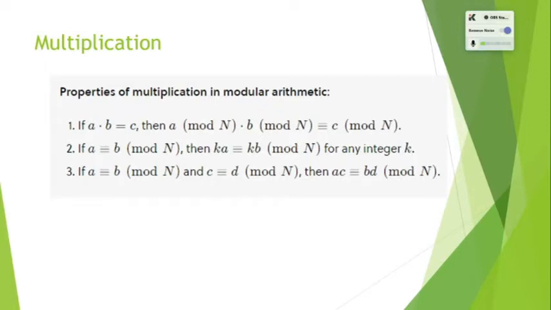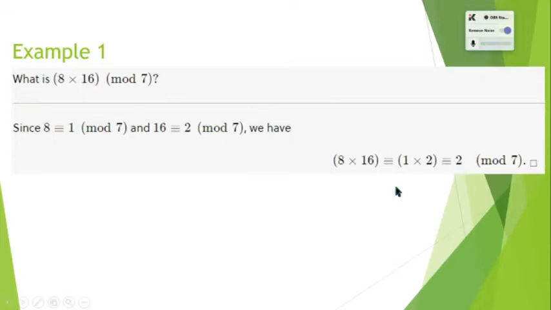The second property is if A is identical to B mod n, then K times A is identical to K times B mod n for any integer K. The third property is if A is identical to B mod n and C is identical to D mod n, then A times C is identical to B times D mod n.